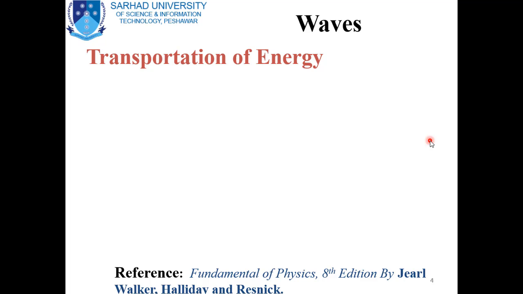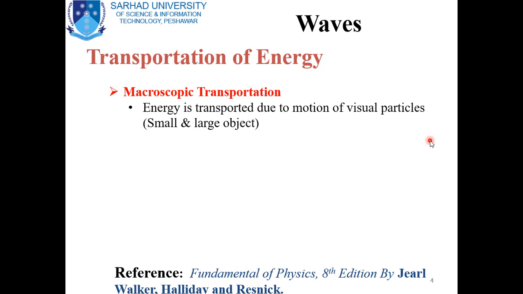We use 3 different methods to transport energy from one point of the space to other. The first type is the macroscopic transportation. In this transportation, the energy is transported due to motion of visible particles, and these particles may be small or very large objects.